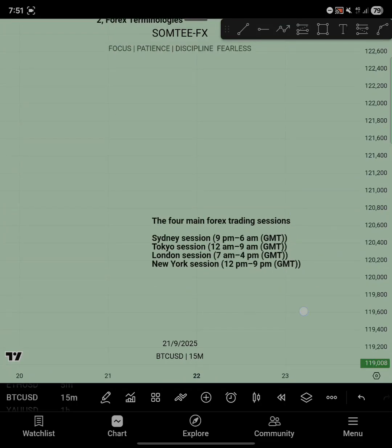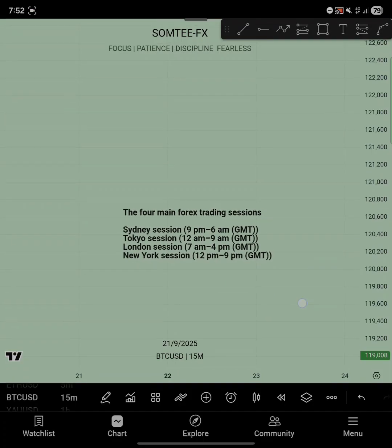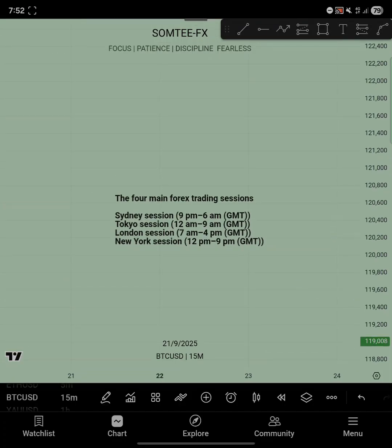So first of all, we're talking about the four main trading sections we have, which is the Sydney section, the Tokyo section, the London section, and the New York section. So from here now, the Sydney section starts from 9 p.m. to 6 a.m. GMT, which is Nigerian time.